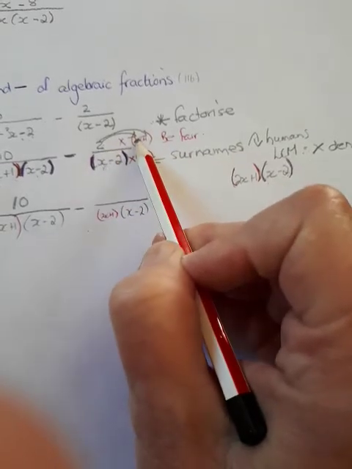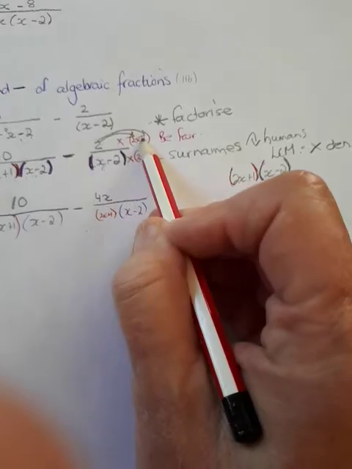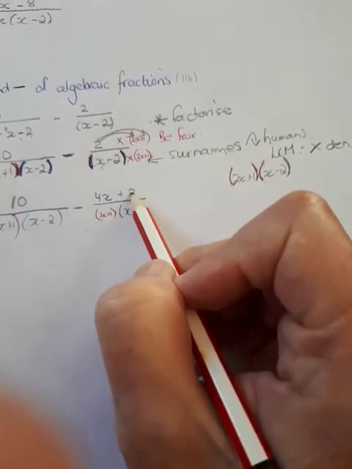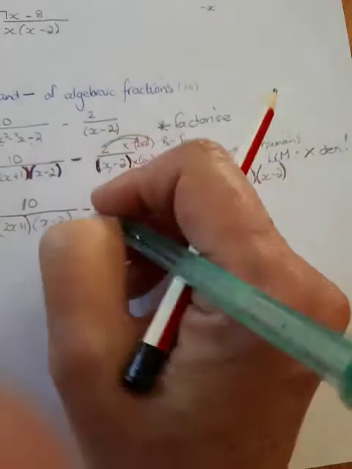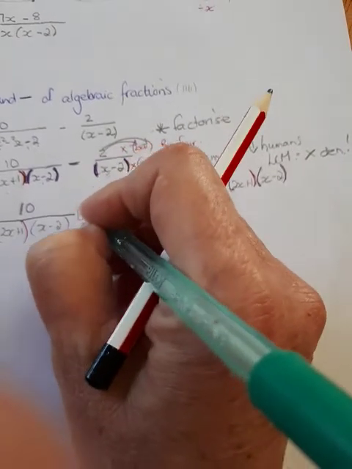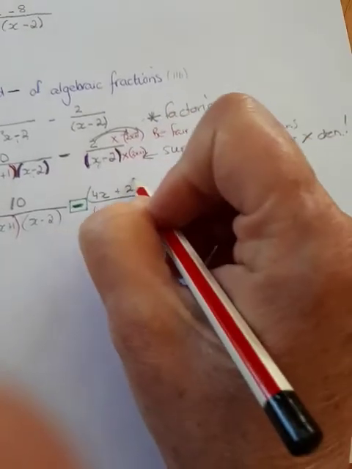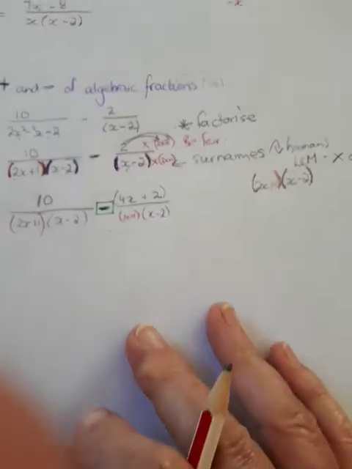So 2 times 2x is 4x, and 2 times 1 is plus 2. But be careful, this is a minus in front of a bracket.